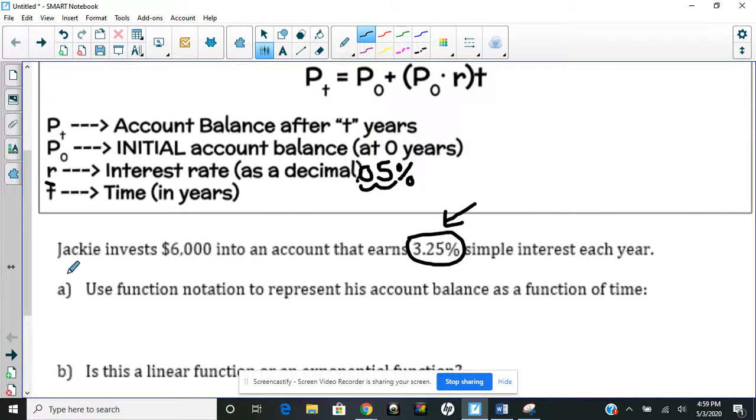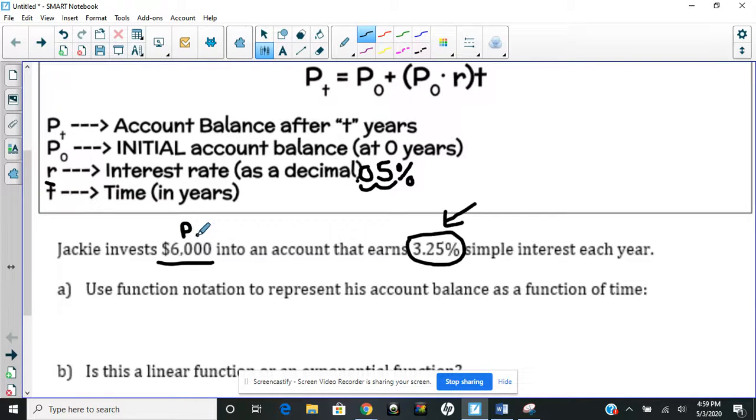So this problem says Jackie invests $6,000 into an account that earns 3.25% simple interest each year. Okay, so we've got some information here. We've got the $6,000. That's the initial amount that she's putting in the bank account before anything else, so that's going to be our P of 0.